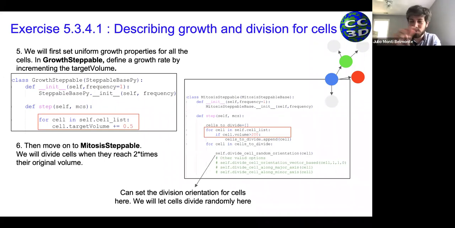So that's a way to increase the volume constraint without freezing the cell, because the cell will always be accepting a pixel to either grow or shrink. So it's a trick you can use in the simulations.